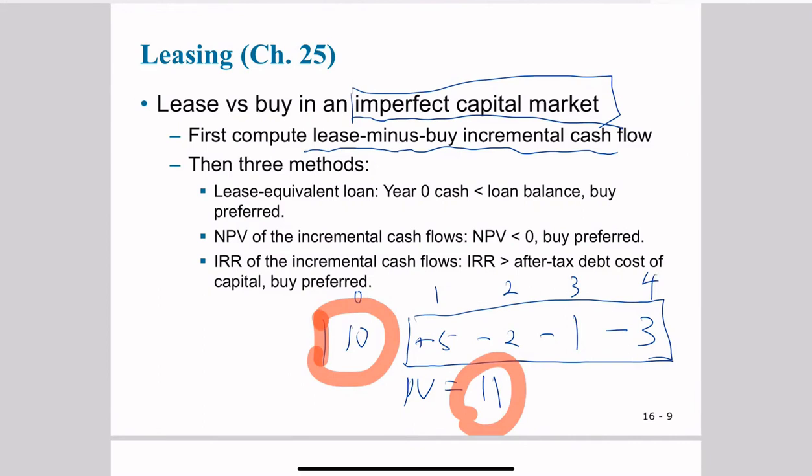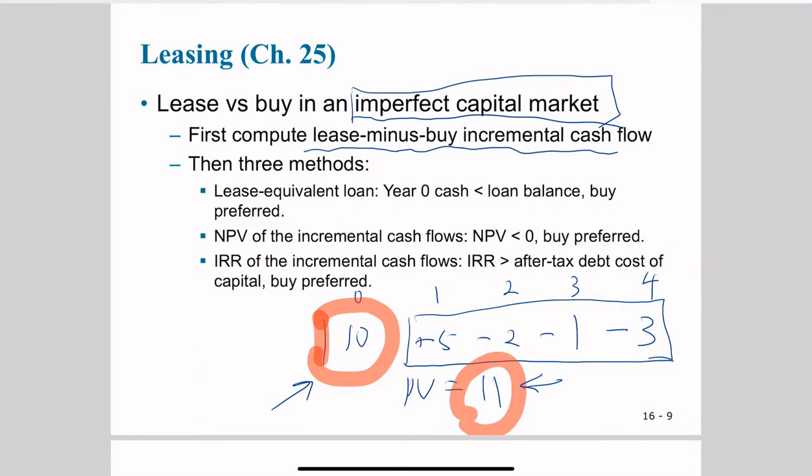And you find out 10 is less than 11, so buy is preferred. So this one is easy to understand, right? Sorry. So this 11 is your liability, and this 10 is your benefit, right? So it's like you have to bear $11 of liability, but you can only get $10. So obviously, lease is not preferred.